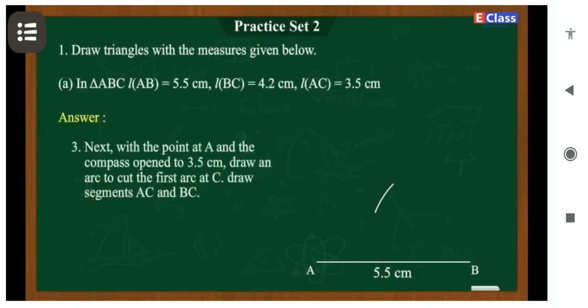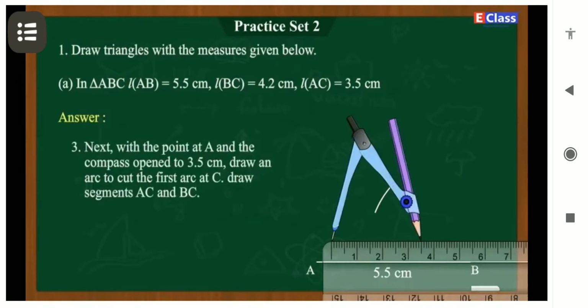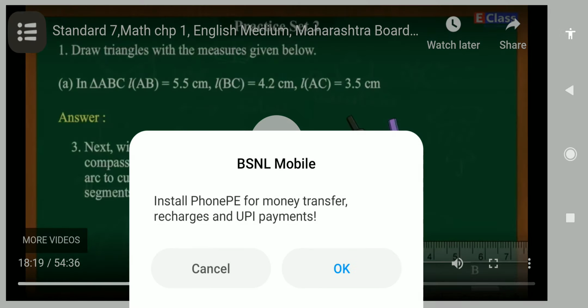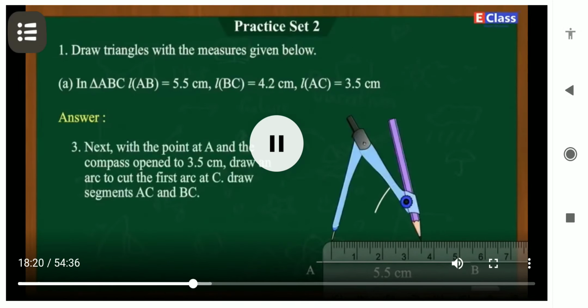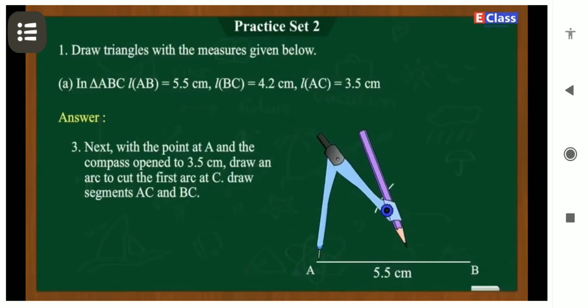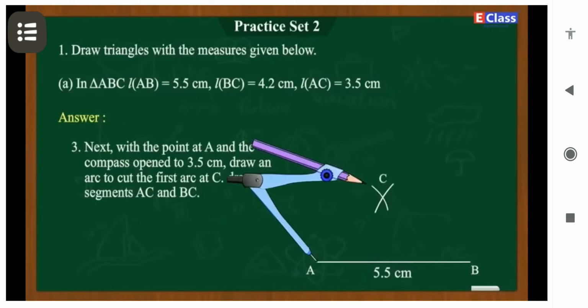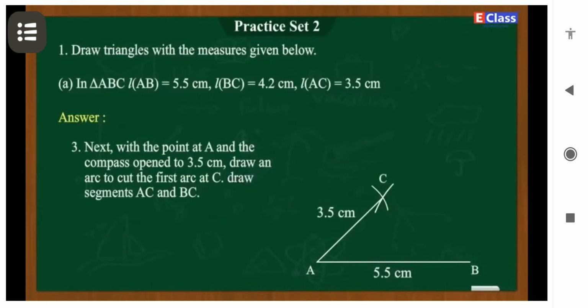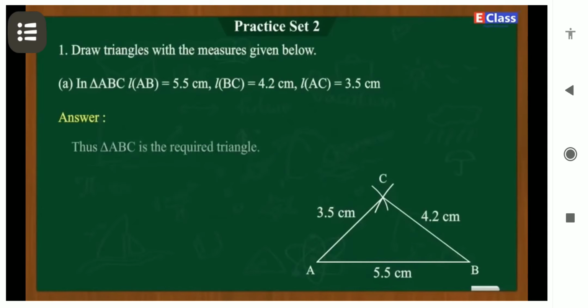Next, with the point at A and the compass opened to 3.5 centimeters, draw an arc to cut the first arc at C. Draw segments AC and BC. Thus, triangle ABC is the required triangle.